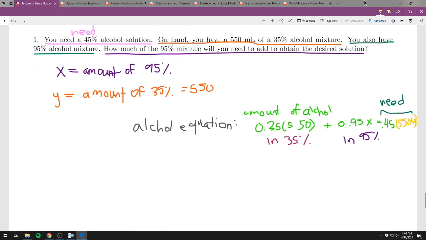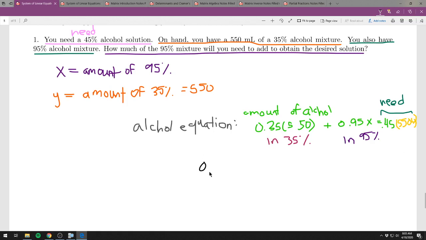All right, so I'm going to rewrite that equation to make it more clear. But once again, this is the amount of alcohol in the 35%. This is the amount of alcohol in the 95%. If you add them together, that needs to be the amount of alcohol in the 45% final solution.